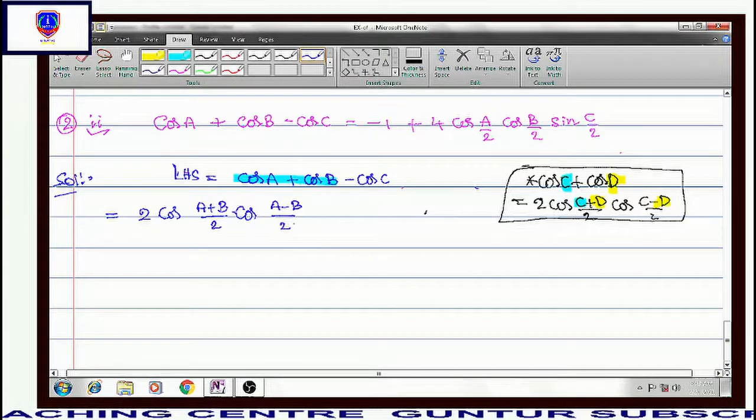Keep the last term, cos C, as it is, minus cos C.